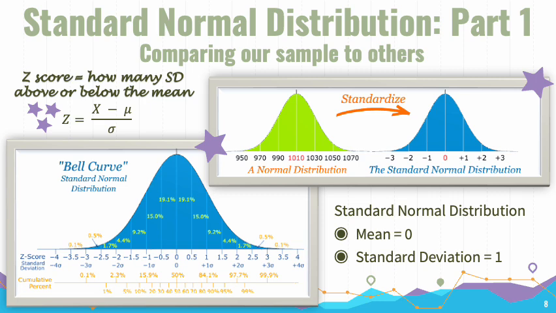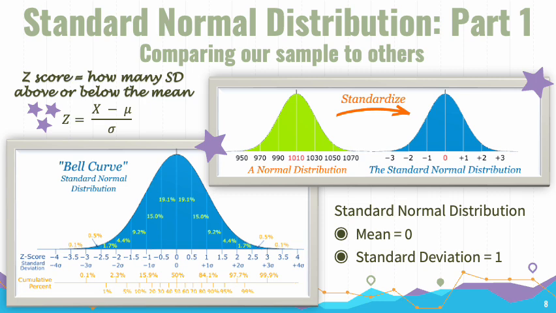So we're left with comparing apples to oranges. But we're not. There is a term called the standard normal distribution, and the standard normal distribution addresses this issue and allows us to compare samples of different sizes with different means and different standard deviations.